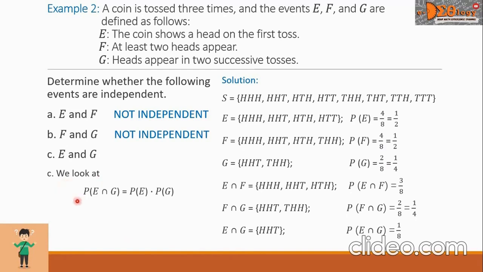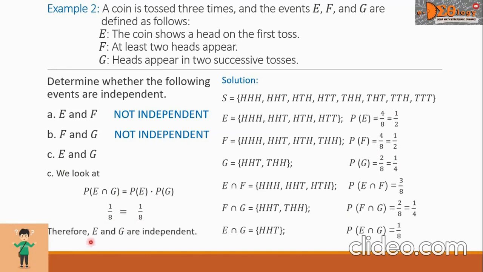We now look at this equation to prove whether E and G are independent. Let us substitute the values, so the P of E intersect G will be 1/8, and this will be equal to the P of E, which is 1/2, times the P of G, and that is 1/4, and the product of 1/2 and 1/4 is 1/8, which is equal to our left side.